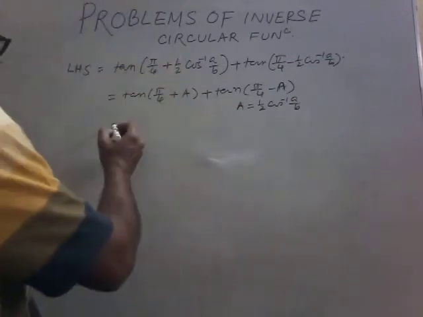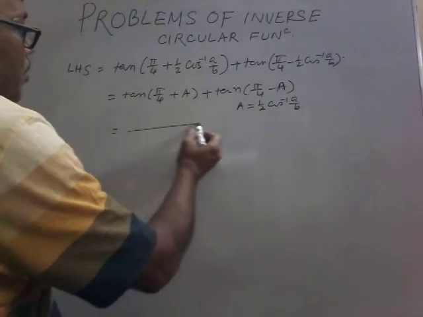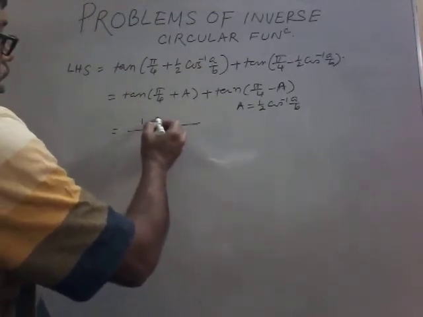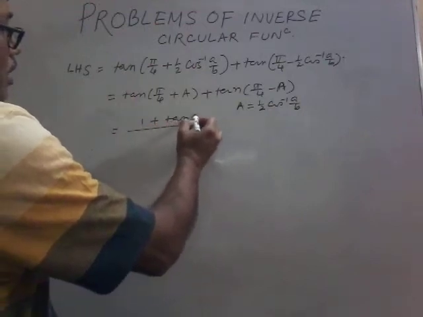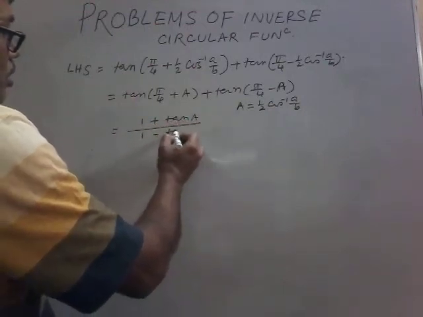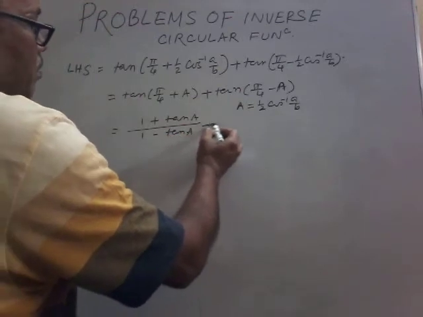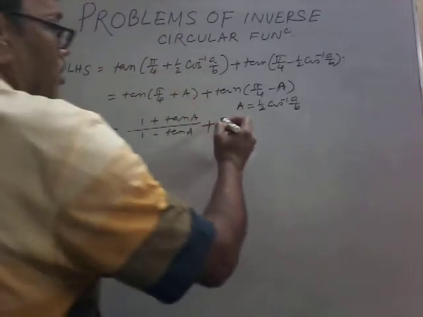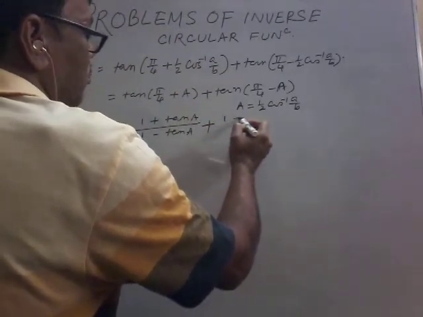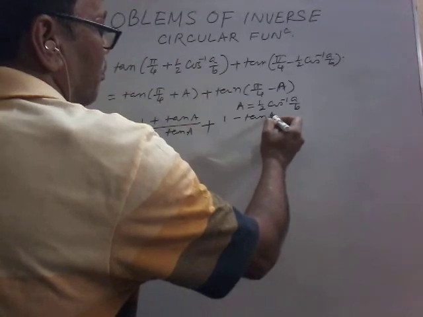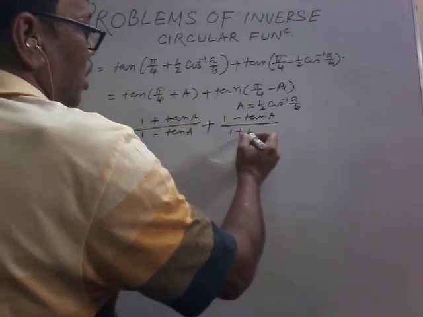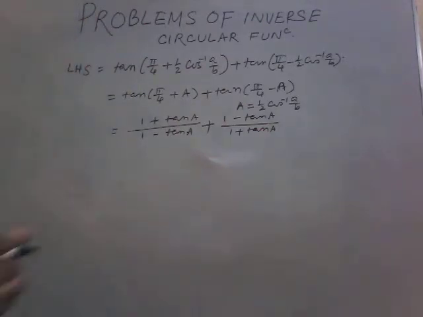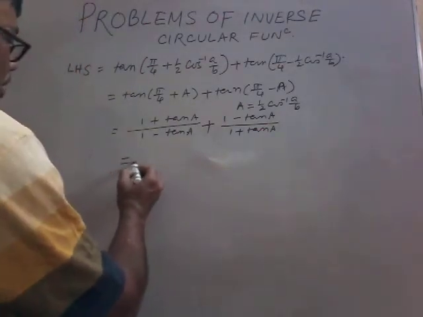Now simplify it. Tan(pi by 4) is 1, so we get (1 plus tan A) by (1 minus tan A). Similarly, this one is (1 minus tan A) by (1 plus tan A). It is a very simple formula of class 11.